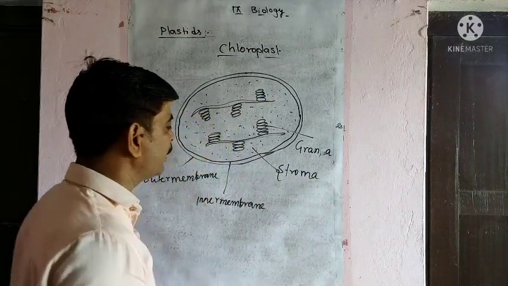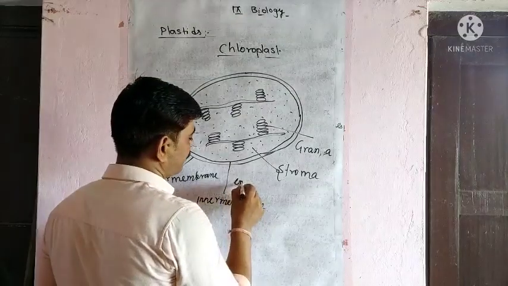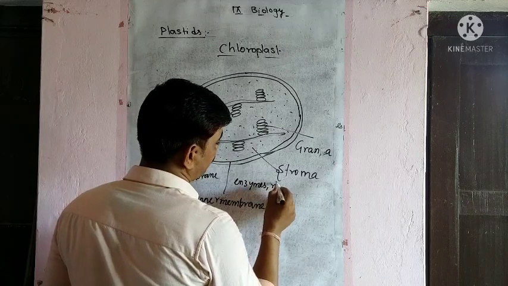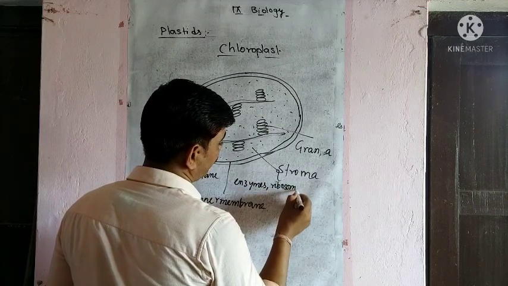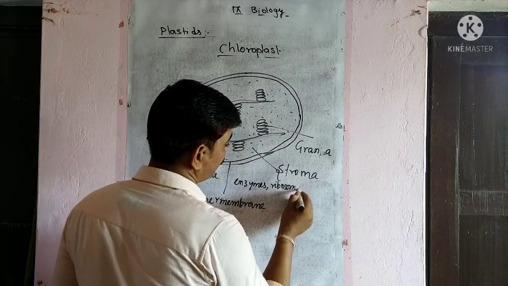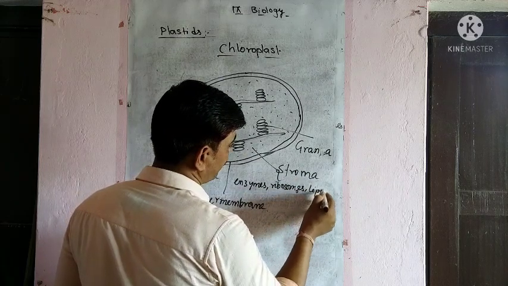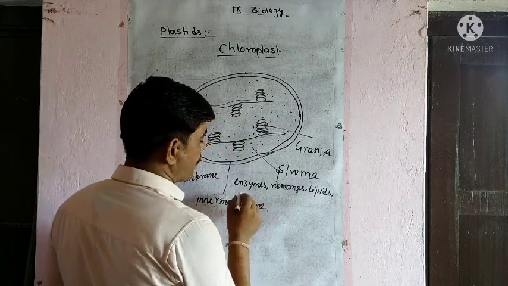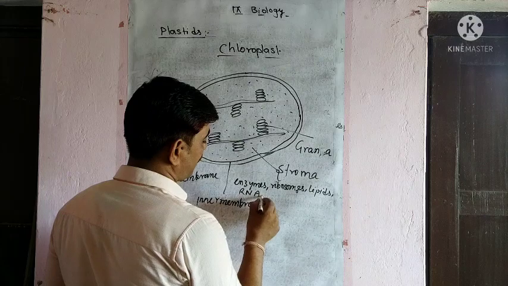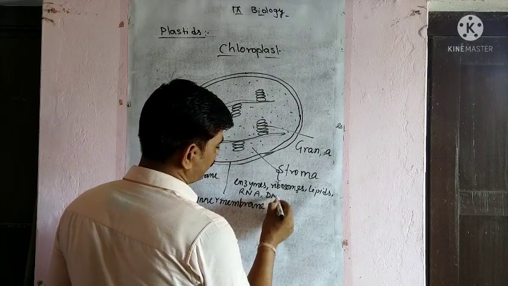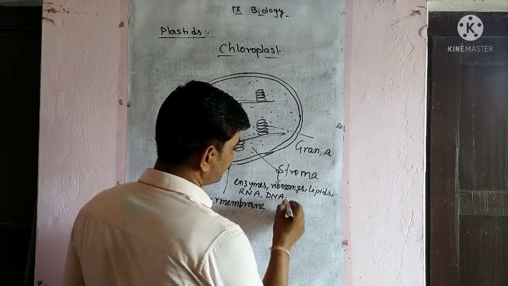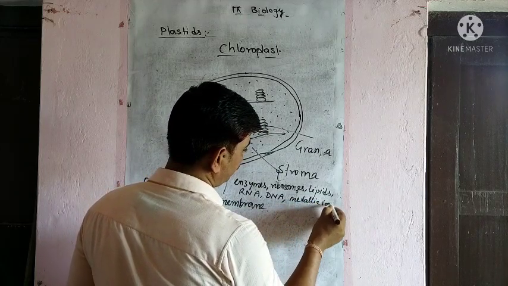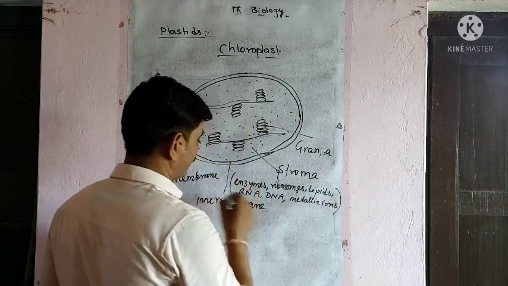This stroma contains enzymes, ribosomes, lipids, RNA, DNA, circular DNA, metallic ions, all the things which mitochondria contain.